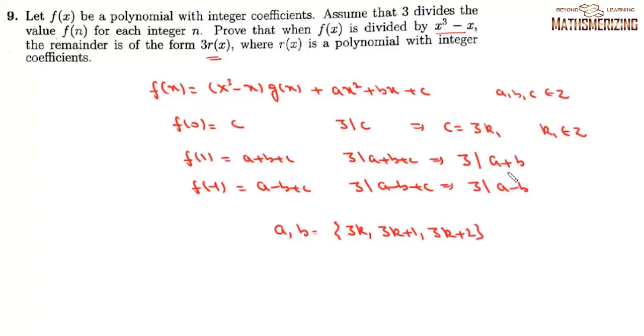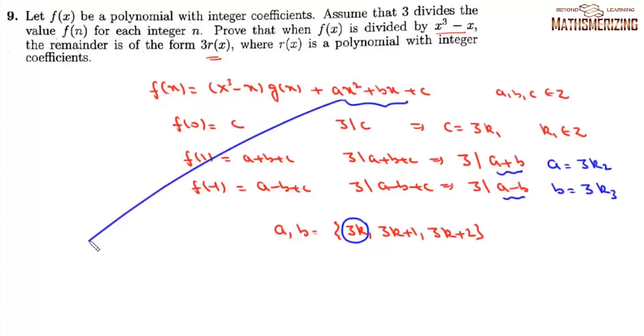Now 3 divides both a plus b and a minus b if and only if both are of the form 3k. So that means this a must be some 3k2, and this b must be some 3k3.